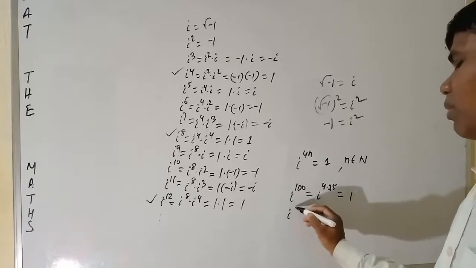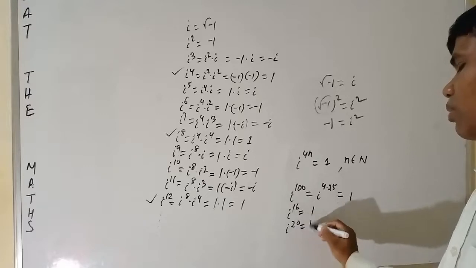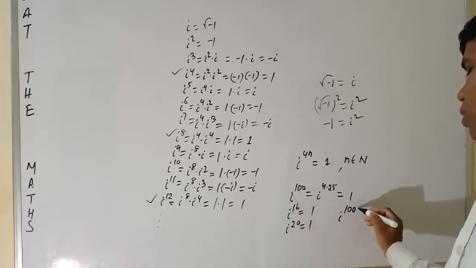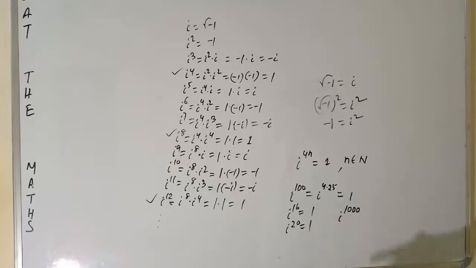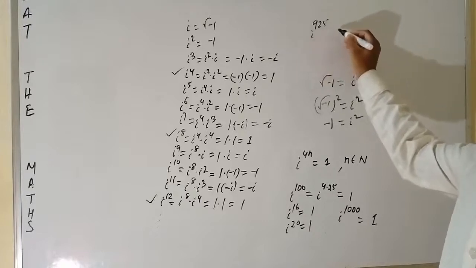Okay, i to the power 16, how much? 1. i to the power 20 is equal to 1. i to the power 1000, this is also 1. Similarly we can calculate i to the power 2925, anything we can calculate.